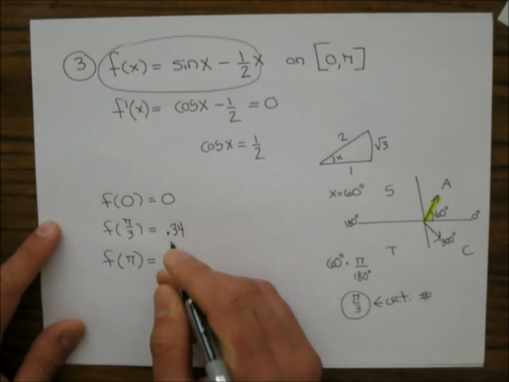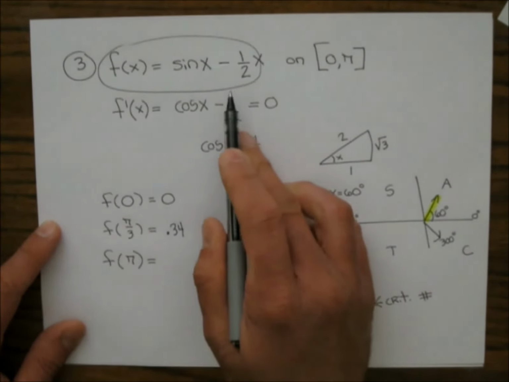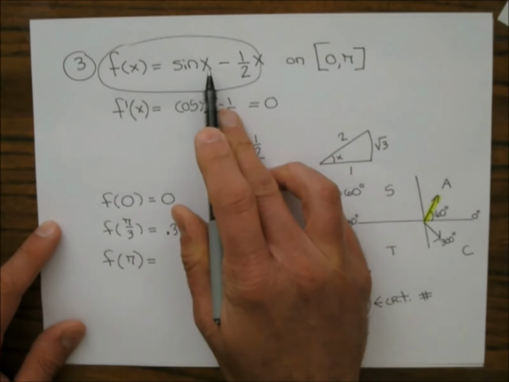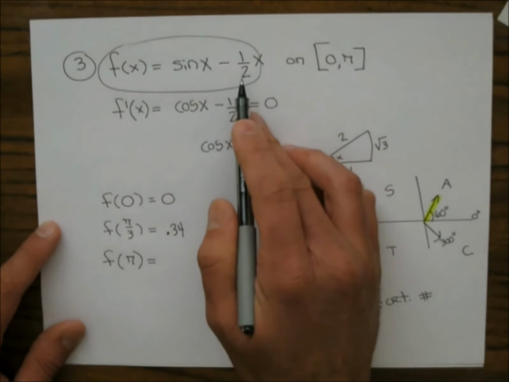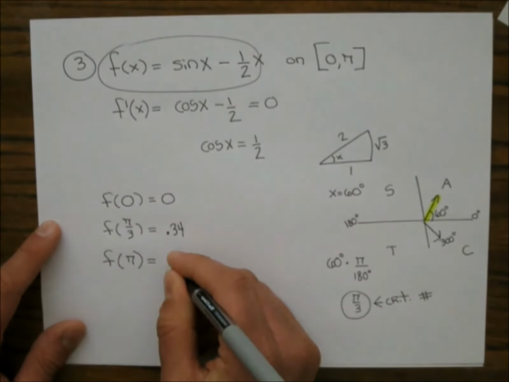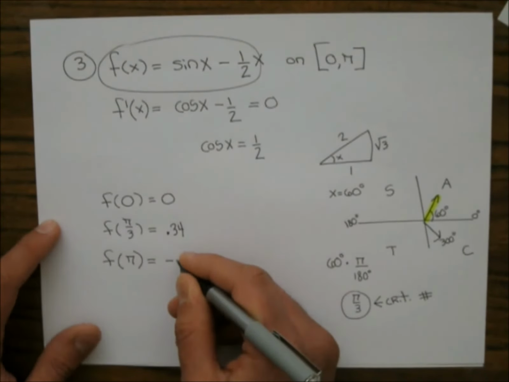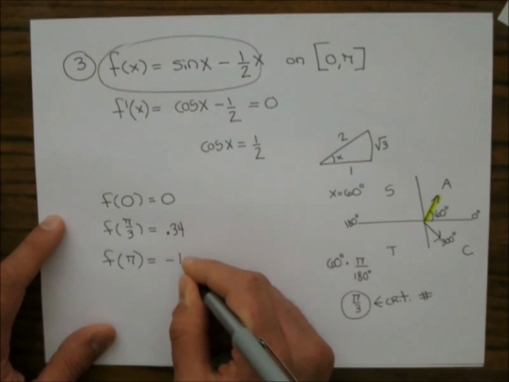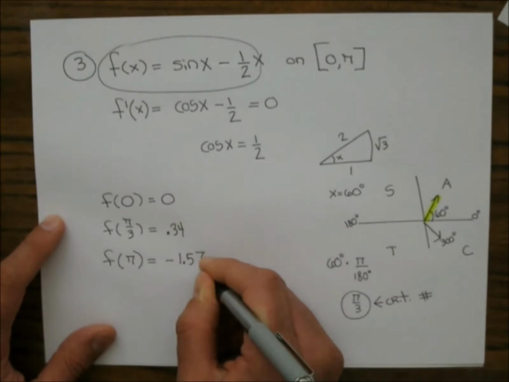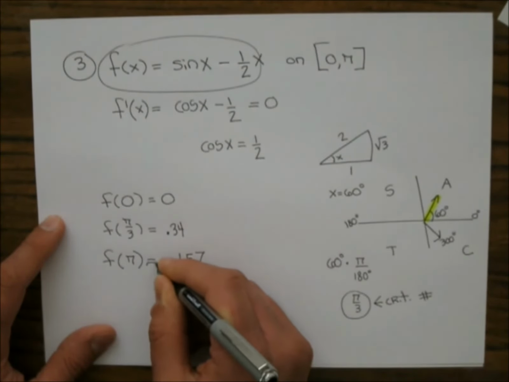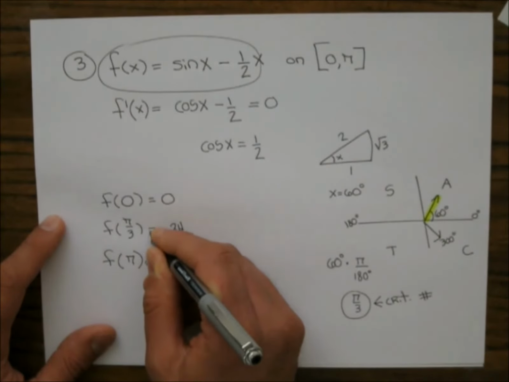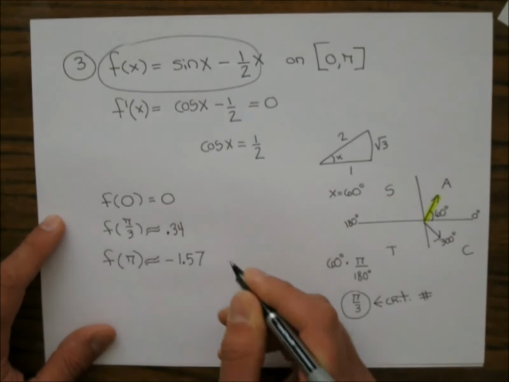I ended up getting approximately 0.34 for that. And for the other one, pi, when I put sine of pi in there, pi minus pi, I ended up getting negative 1.57. Now these are approximations, so let me curve those equal signs to show that I rounded.